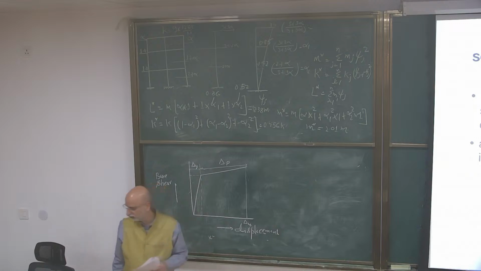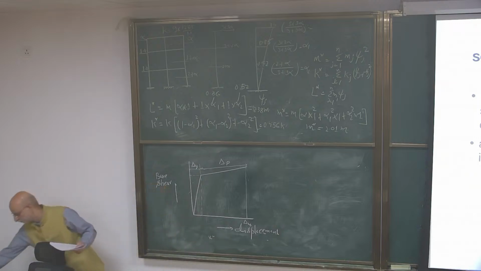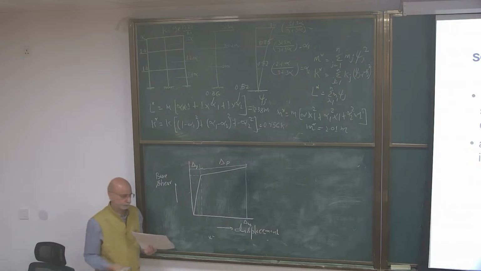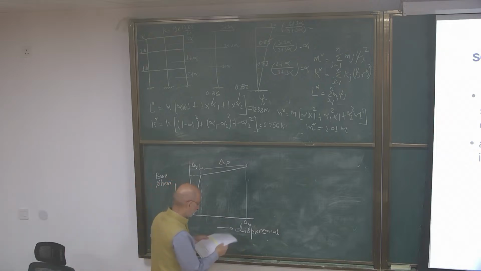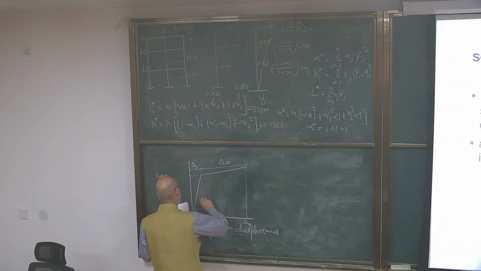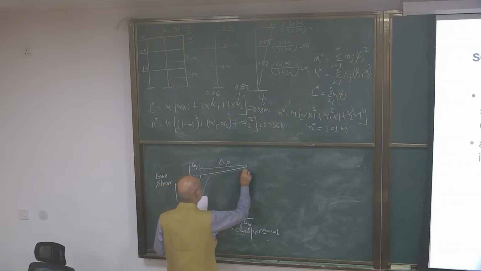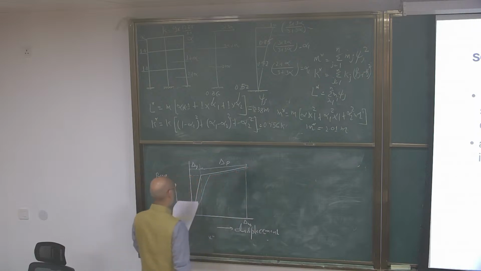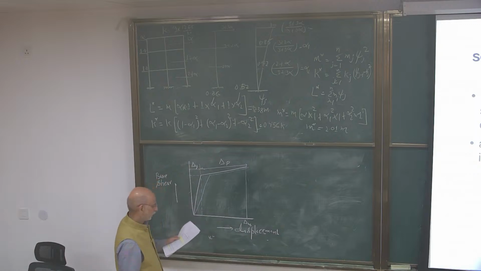Suppose the foundation is flexible, what happens? The curve will have less slope, and it goes like this.